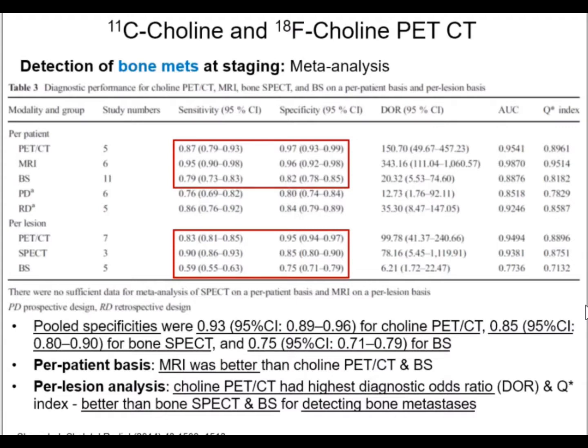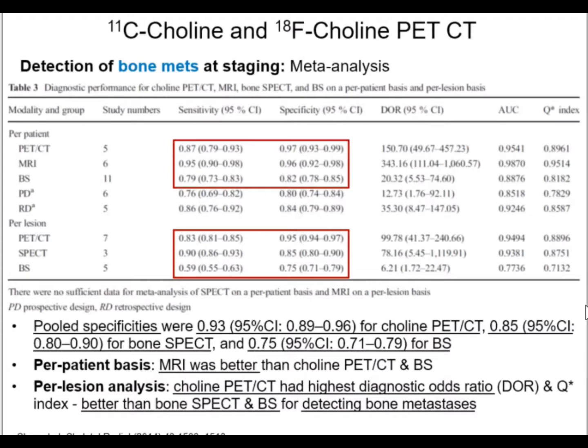On a per patient basis, MRI for detection of bone mets seems to be better than choline PET. But on a per lesion basis, choline PET seems to have the highest odds ratio compared to bone SPECT and bone scan for detecting bone metastases.